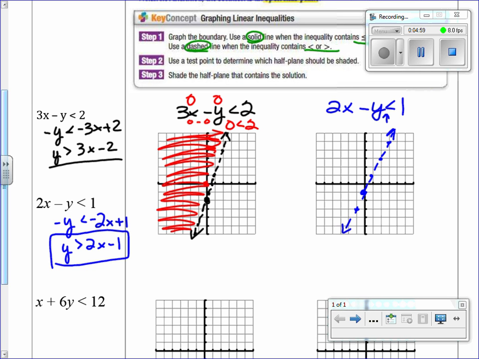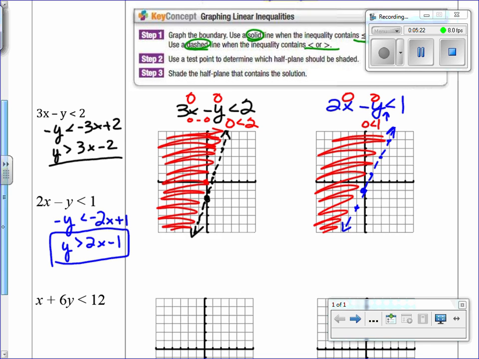Here, you might not be able to see it as well, but 0, 0 is a point that we can certainly test. I'm going to put 0 in for x, 0 in for y. 2 times 0 is 0, minus 0 is 0, less than 1. Is that a true statement? Absolutely. So we'll shade in this whole side of the graph.